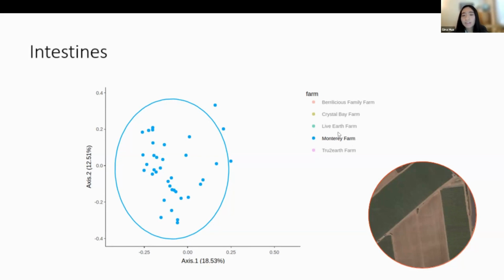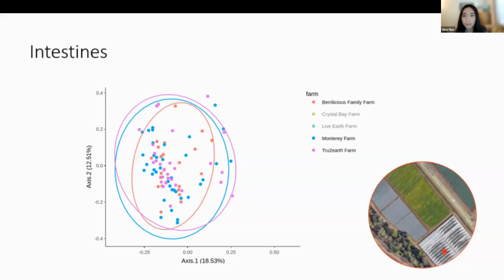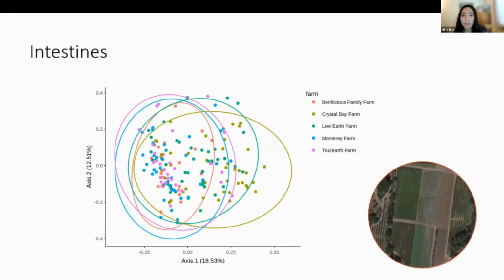It is the most agriculturally intense farm out of the 5 farms that we have. If we go from the most agriculturally intense to the least, we have the True to Earth farm in purple. Next we have the Berrylicious family farm in orange, Crystal Bay farm, and finally the Life Earth farm, which is the least agriculturally intense.